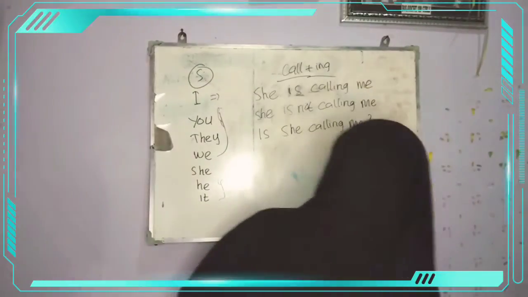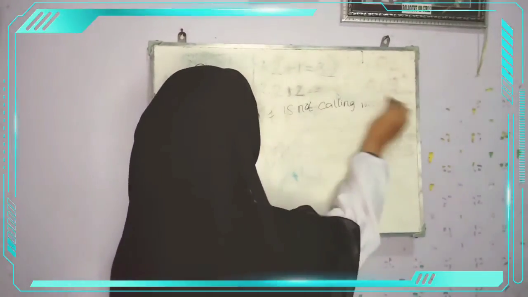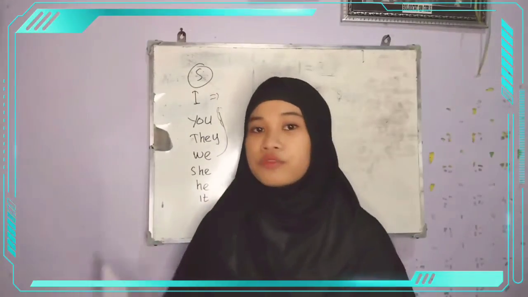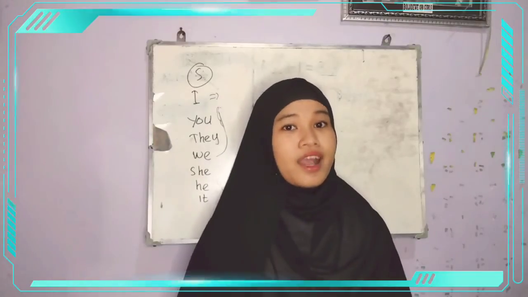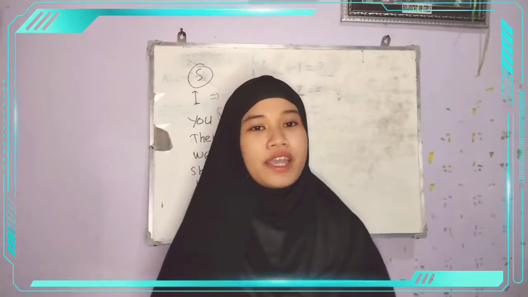Okay. One time, I want you to sing for the first tense and then the second tense. We sing together, okay? Only one step. One, two, three. I speak English. I don't speak English.